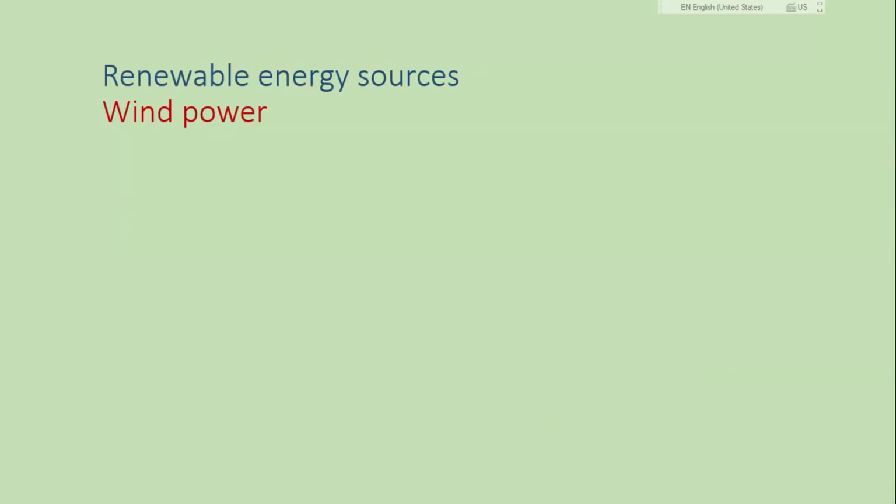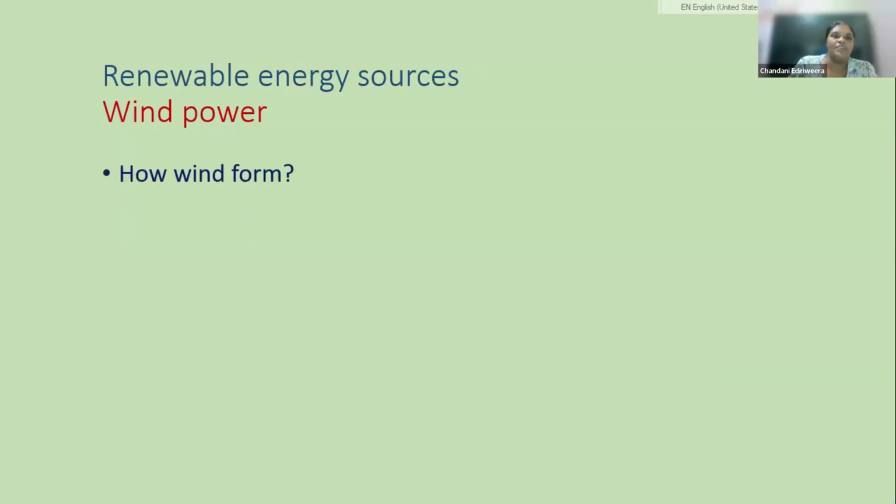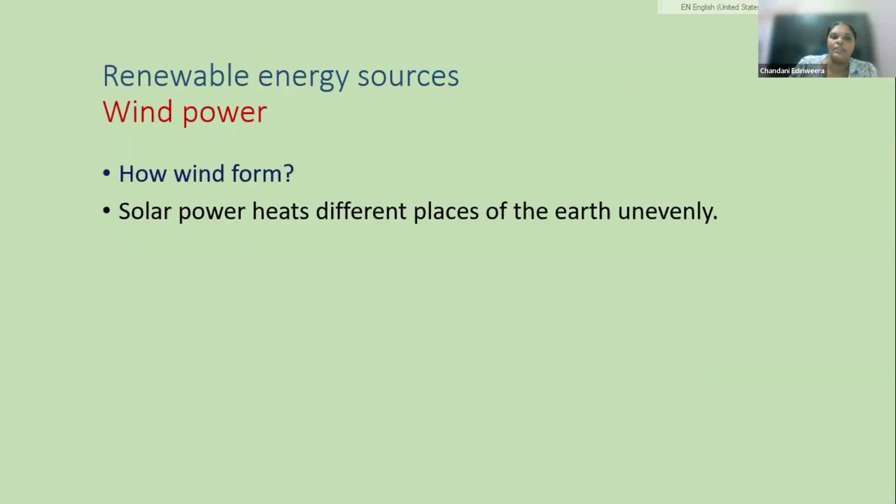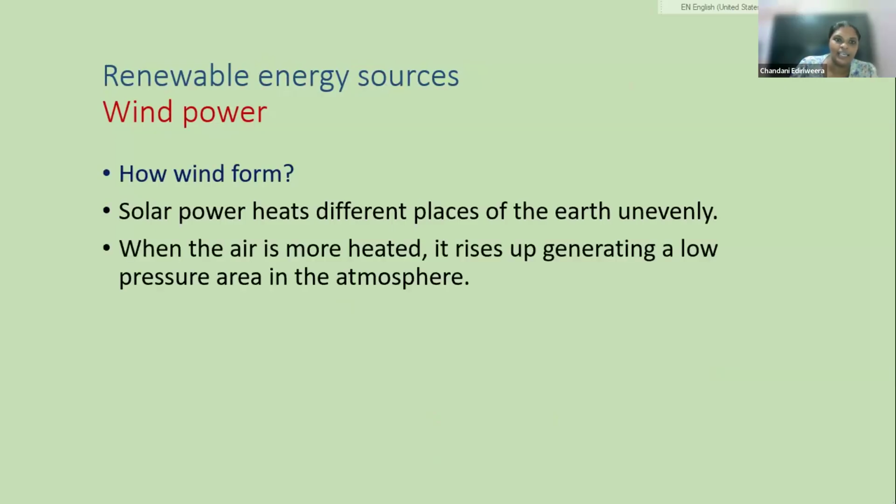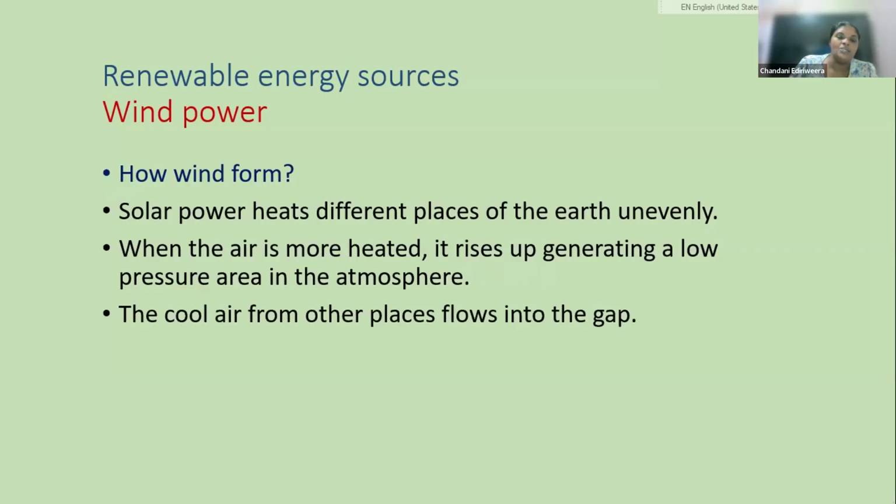Okay. Let's move to the second renewable energy, wind power. We already learned that solar power heats different places of the earth unevenly, and the air moves, and we call that wind.